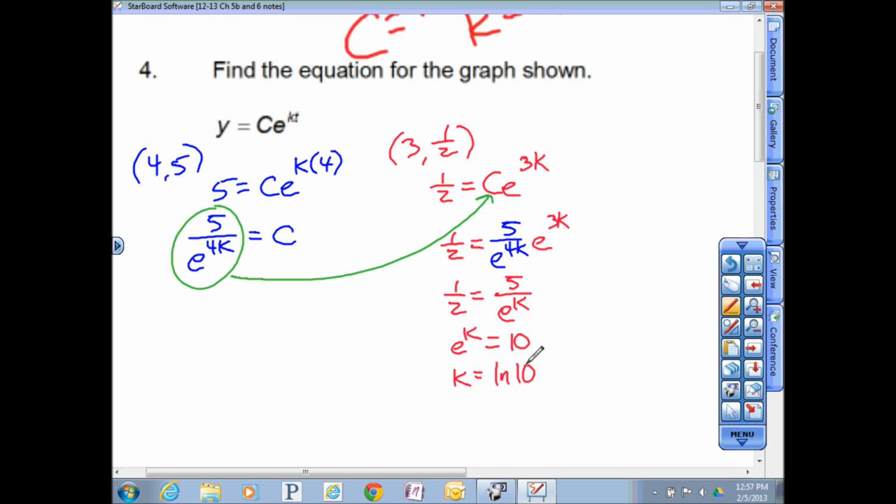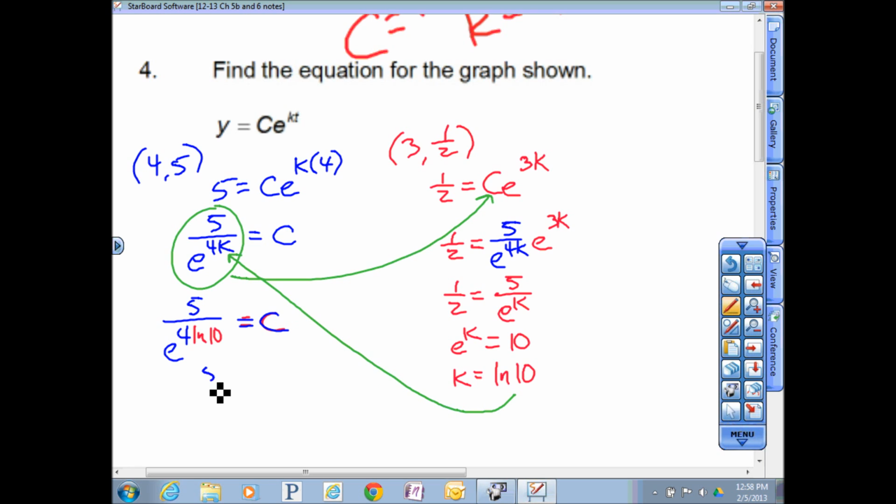Now I need to find c. So let's take that natural log of 10 and let's come right back where we had it before, and plug it in place of k. So I now have, to find c, 5 over e to the 4 natural log of 10 power is my c that I'm solving for. Now if I want to clean that up, I'd like to cancel the e in the natural log as a rule, but I can't do that until that natural log of 10 has a coefficient of 1.